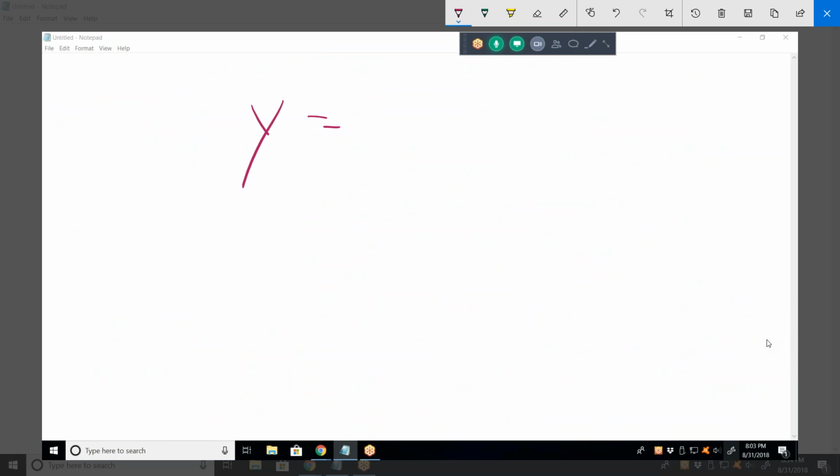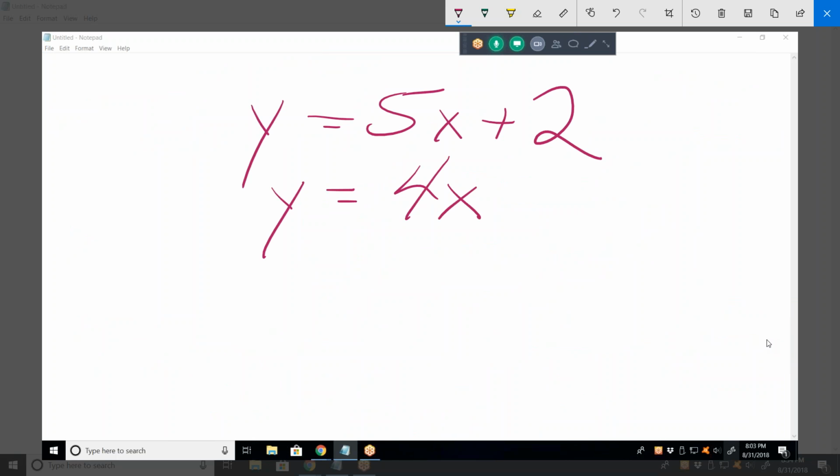If I gave you something like this, what are you going to do? Substitution or elimination? You only use elimination when both of them are in standard format. Every other situation, you use substitution.